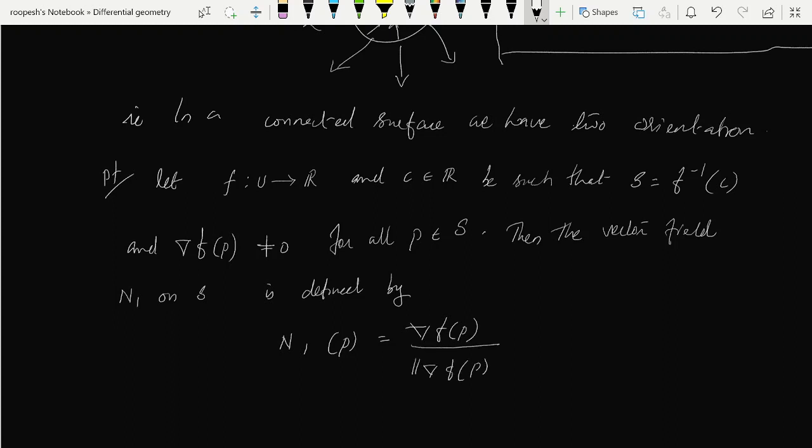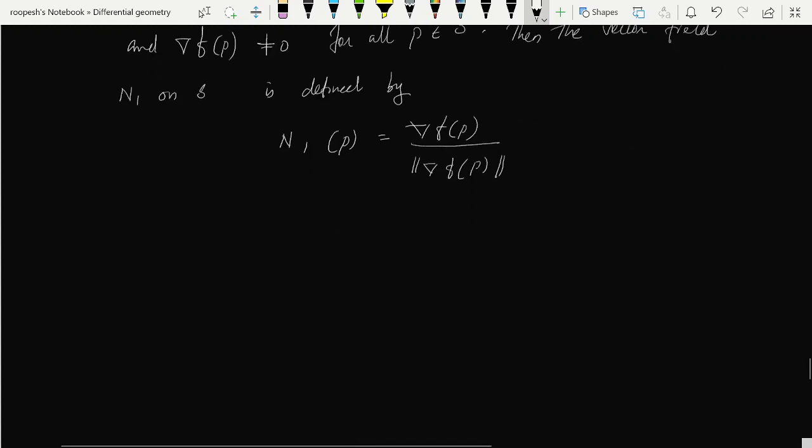Since del f of p is not equal to 0, this is well defined, p belonging to S. Clearly it has the required property.